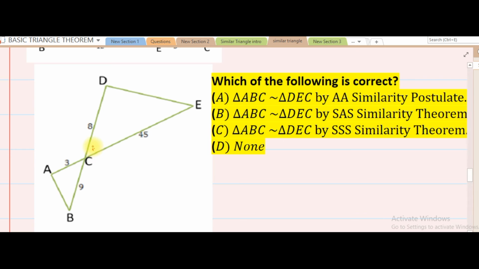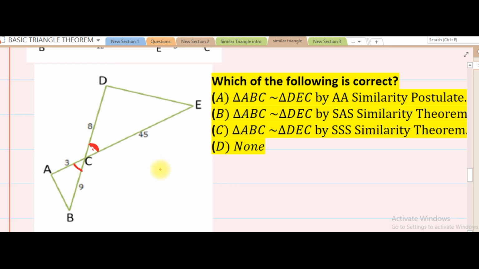If you notice, this angle is the same as this, by the vertical angle theorem, and we are given side angle side. The problem is there is not enough information here.